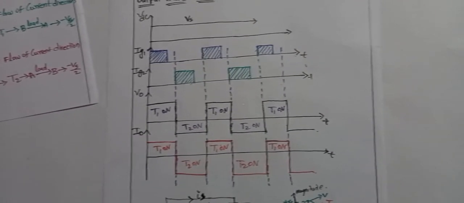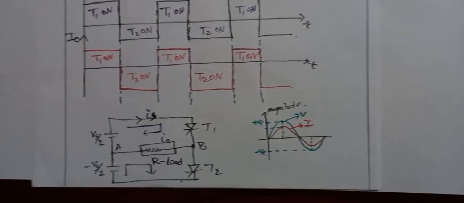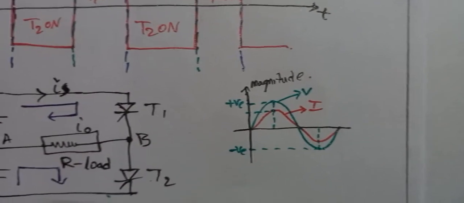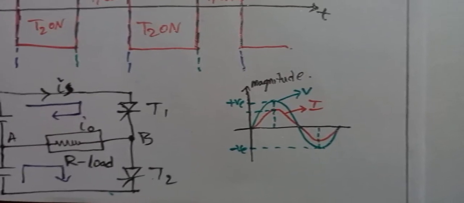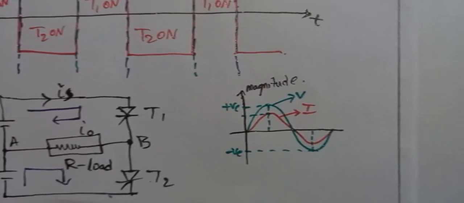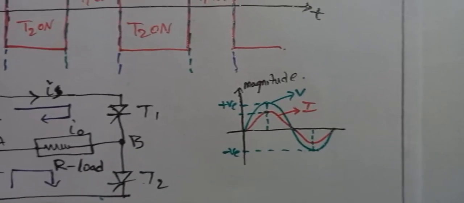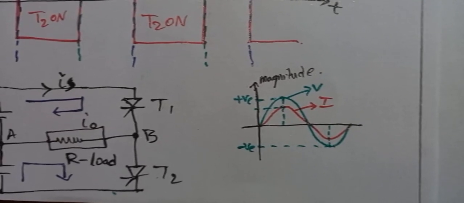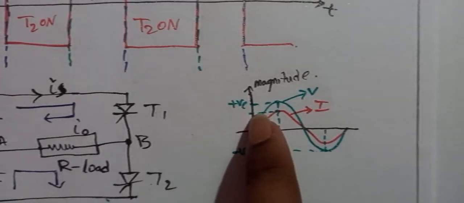Before discussing the output waveforms, first we need to know the magnitudes of voltage and current in a purely resistive load condition. Voltage and current are both in the same phase. Already we know that for a purely resistive load, voltage and current are in the same phase, as I have drawn here.